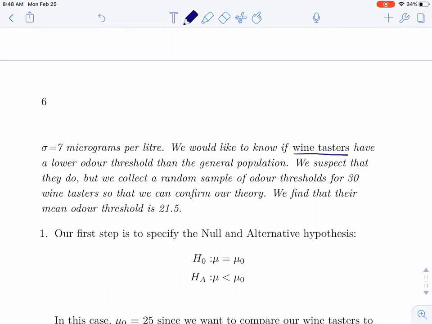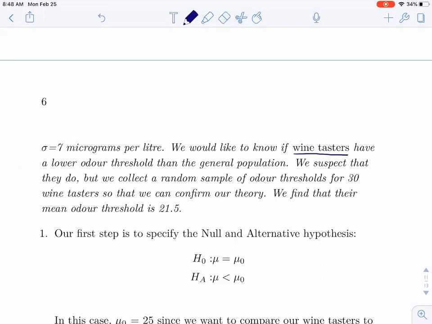So we have this hypothesis. We suspect that wine tasters are going to have a lower odor threshold than the general population, but we don't know. So we have to prove it. So we suspect that they do, but we collect a random sample of odor thresholds for 30 wine tasters so that we can confirm our theory.